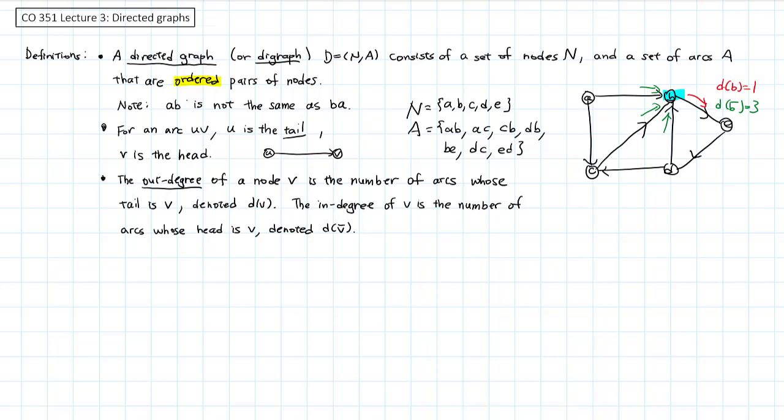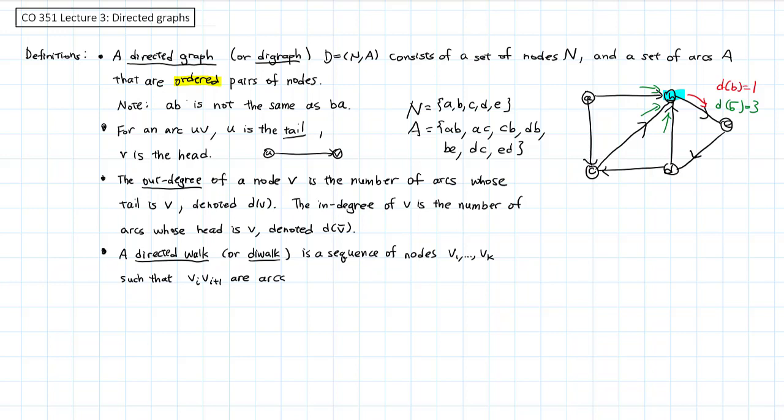We have analogous definitions for walks, paths, and cycles for directed graphs as well, but now we must follow the directions of the arc from tail to head. A directed walk or diwalk is a sequence of nodes v1 to vk such that (vi, vi+1) are arcs. Once again, there are no restrictions on the repetition of nodes or arcs.